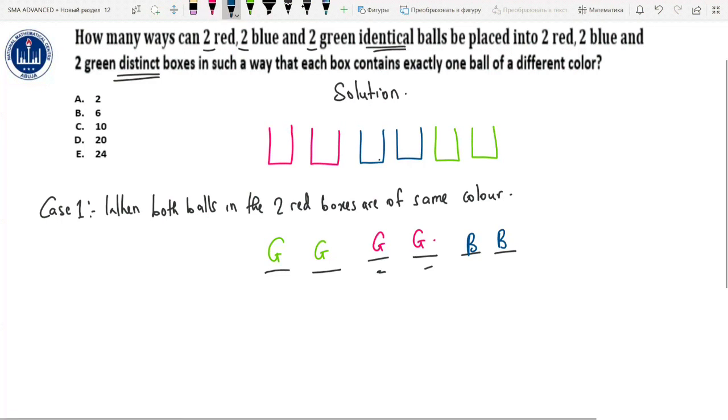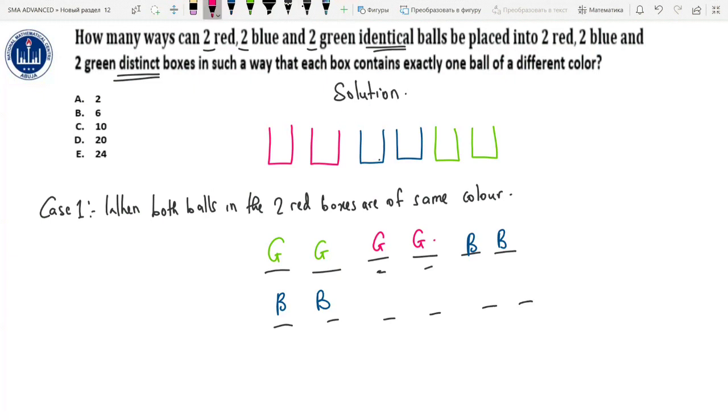The second case is when we start with blue, when both balls in the red boxes are blue and blue. Then using similar arguments, in this second case we have 2 greens and 2 reds left.